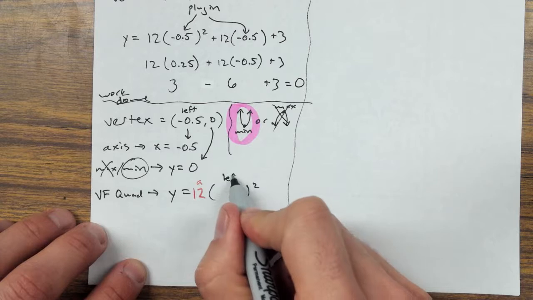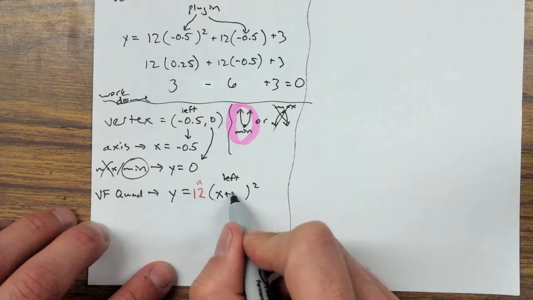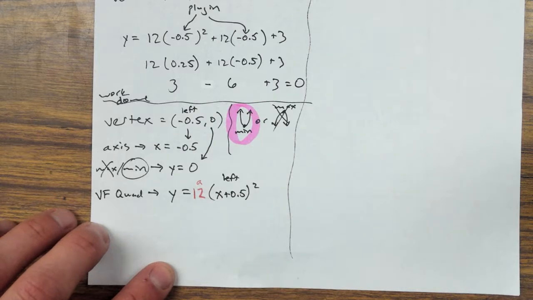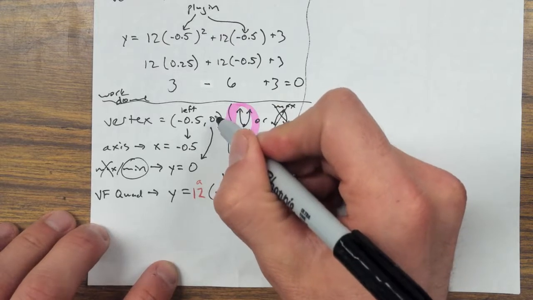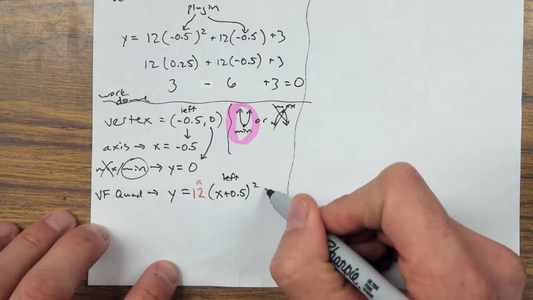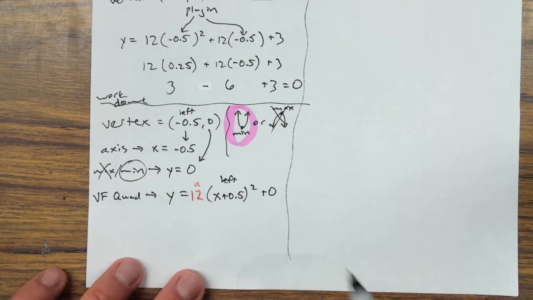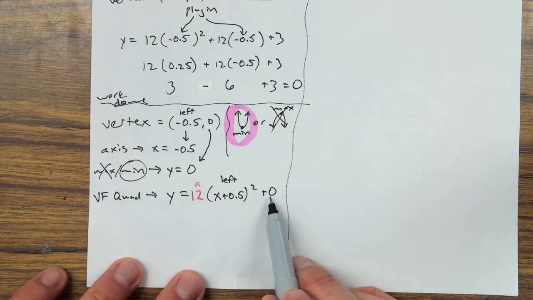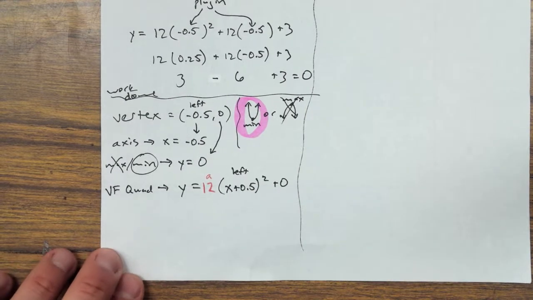So that means this position has to be a left, and the only way to write that is x plus 0.5. And it's not going up or down. Okay, right here the plus 0, it's not going up or down, so I'm just going to put a plus 0, but that's optional. It's not required since it's a 0, but I like to put it just for habit purposes.